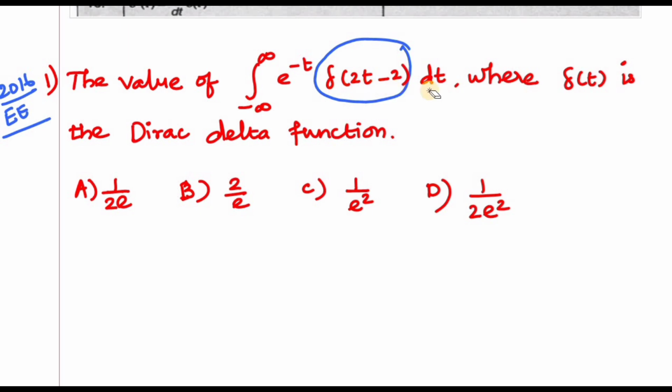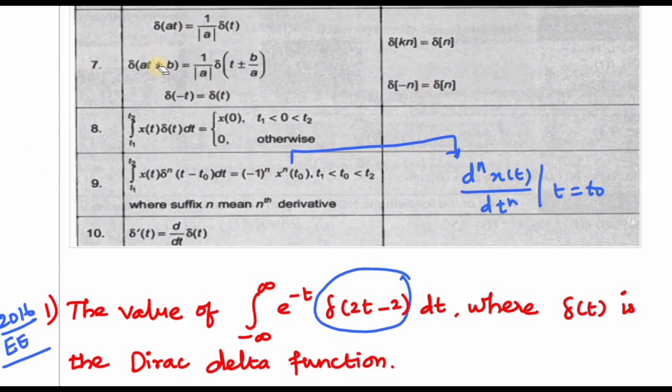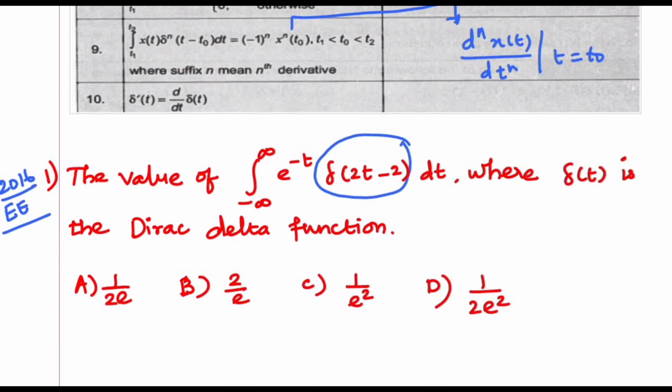So how to write this one? According to the seventh property, I can write this as del, if I take 2 common, 1 by 2 t minus 1. So I can write it like this.